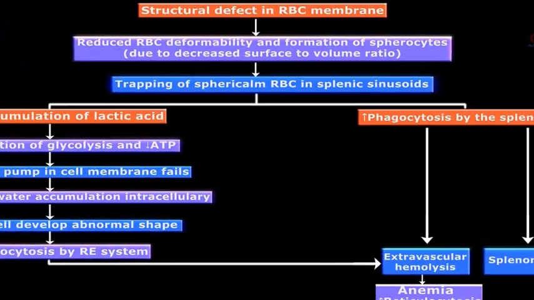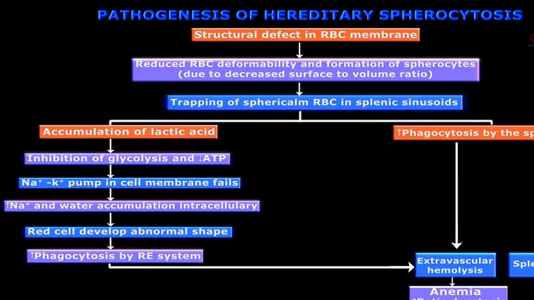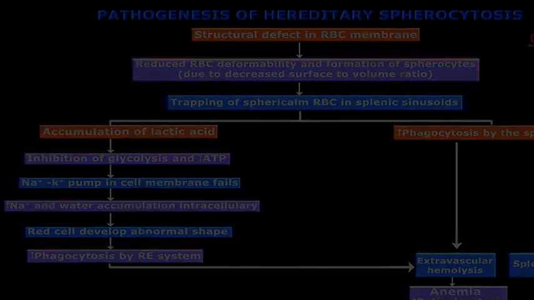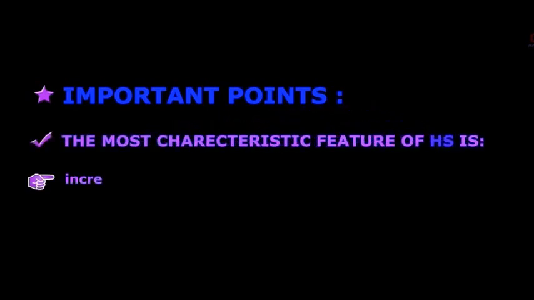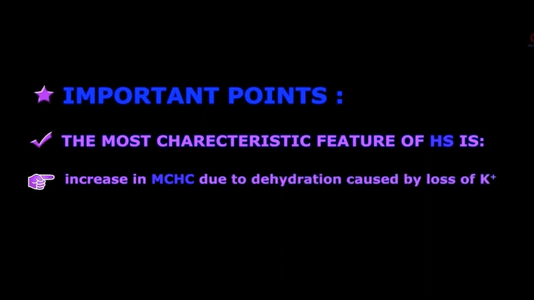So this is the flow chart of the pathogenesis of hereditary spherocytosis, which you have to understand. And the important point, as you all know, the most characteristic feature is increase in the MCHC due to dehydration caused by loss of potassium and water.